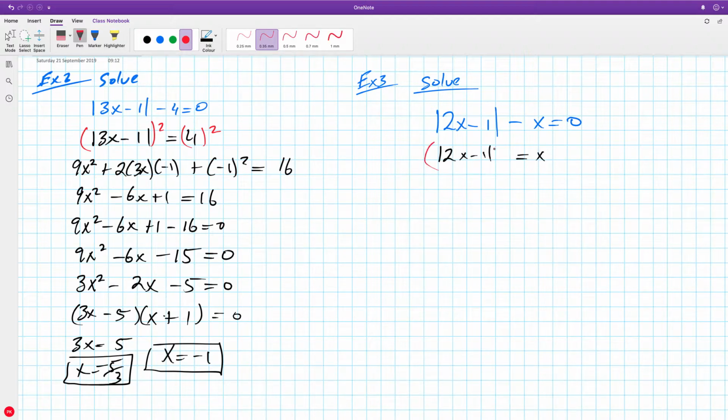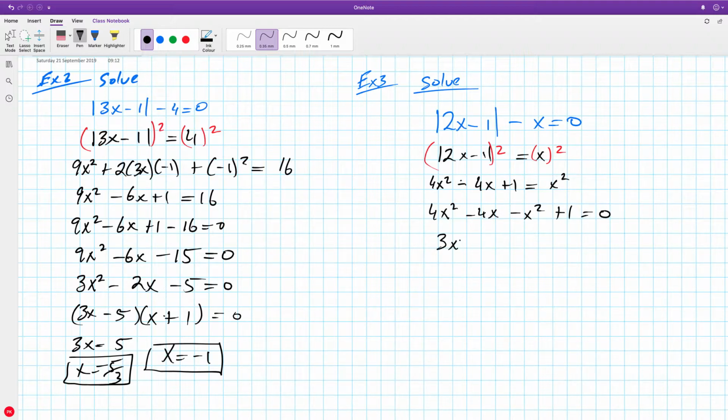Square out both sides. That's square out the first, 4x squared, twice the first by the second, so that's minus 4x, the last squared plus 1, is equal to x squared. That's 4x squared minus 4x minus x squared plus 1 equals 0.